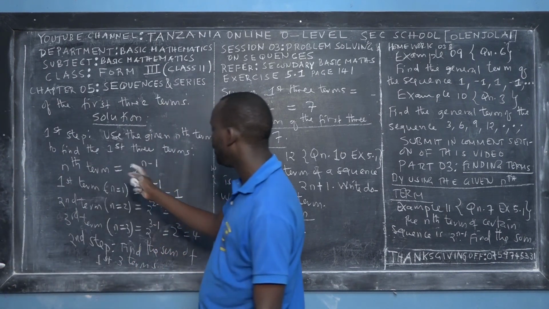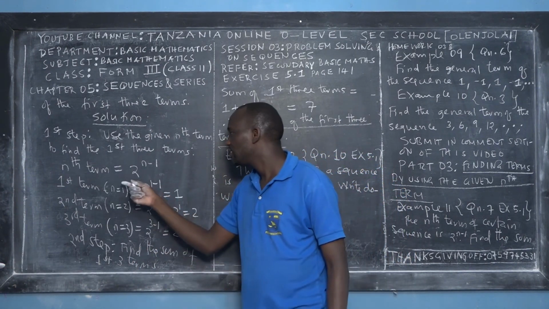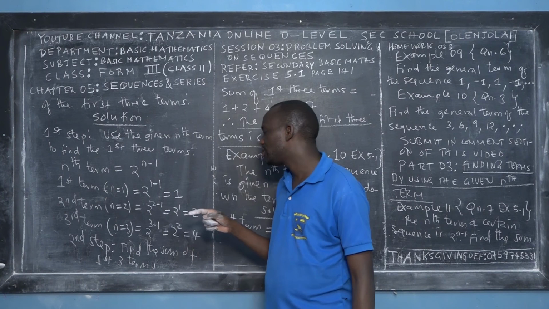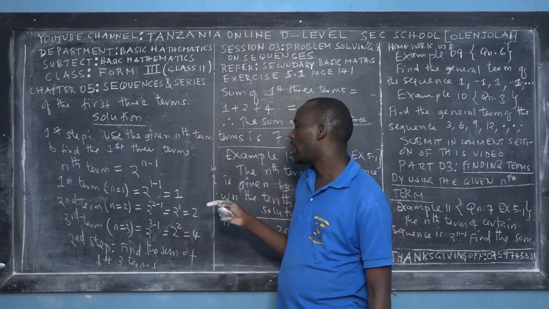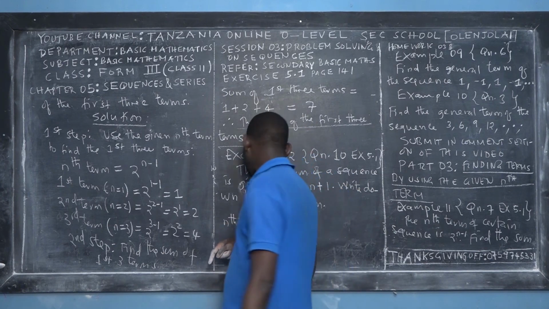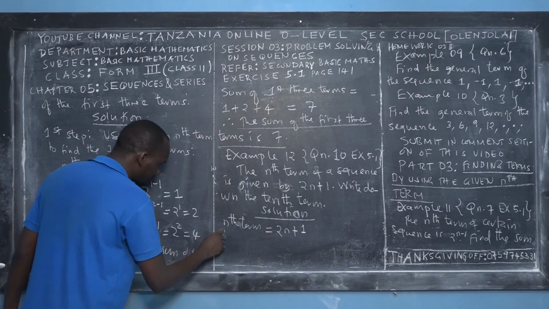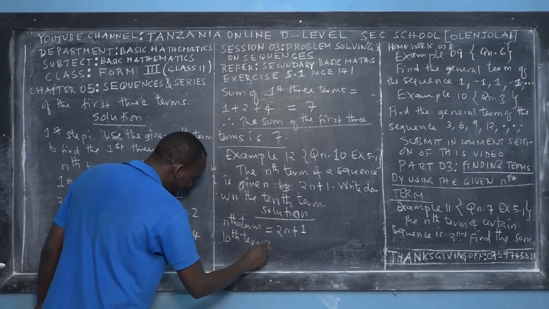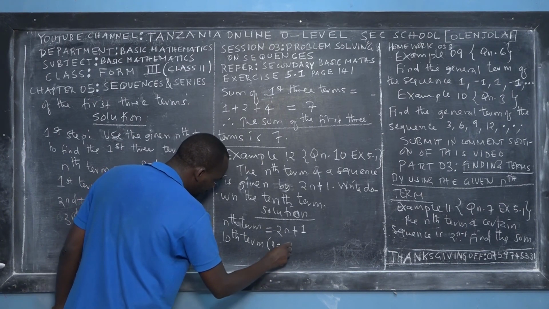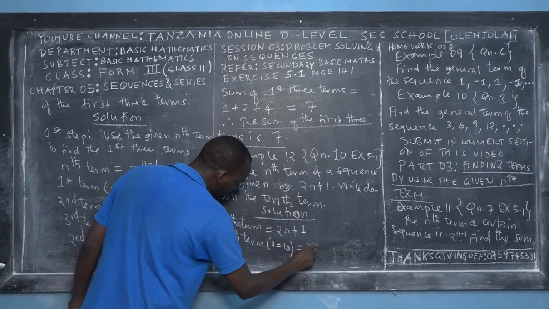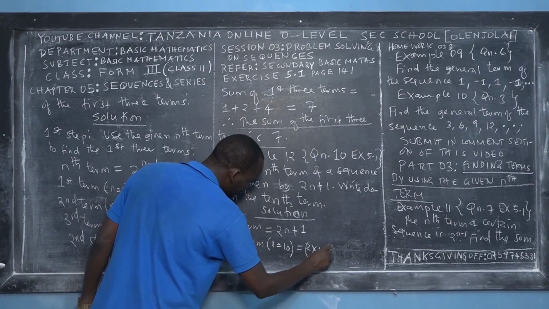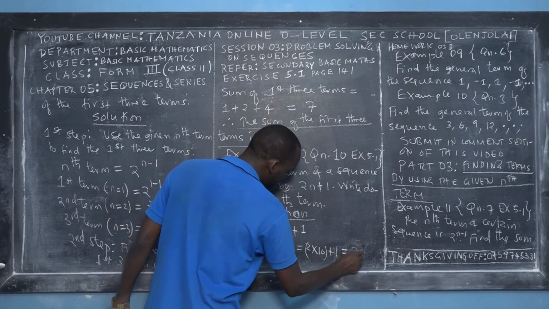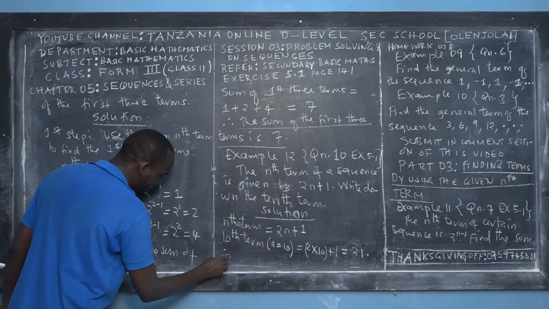As I told you in example 11, the position of the term has the same value as n. So for the 10th term, we have to substitute n equal to 10. In the given formula, we have 2 times 10, plus 1, which is 20 plus 1, equal to 21. Then you're done.